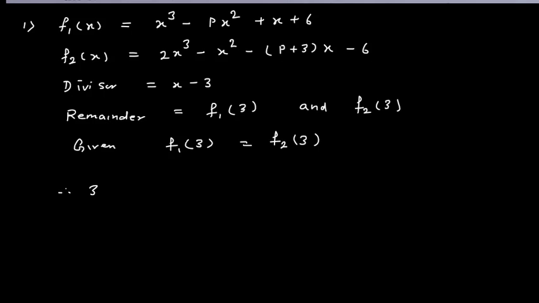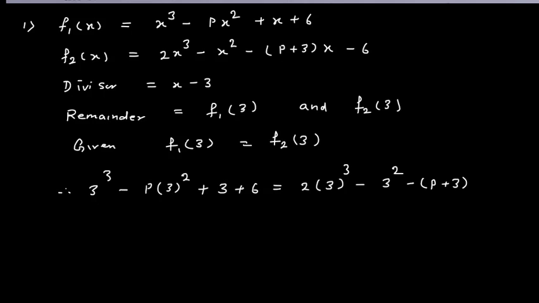So this is 3 cube minus p into 3 square plus 3 plus 6 and is equal to, on the right hand side it is 2 into 3 cube minus 3 square minus p plus 3 into 3 and minus 6. So have you seen what I have done?